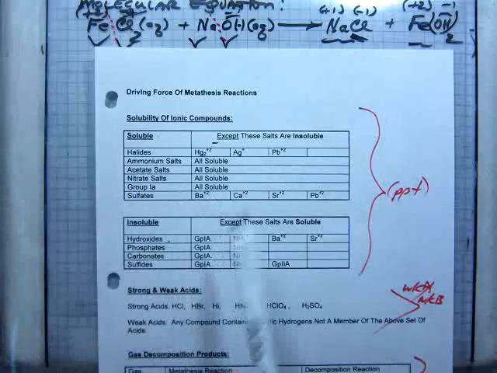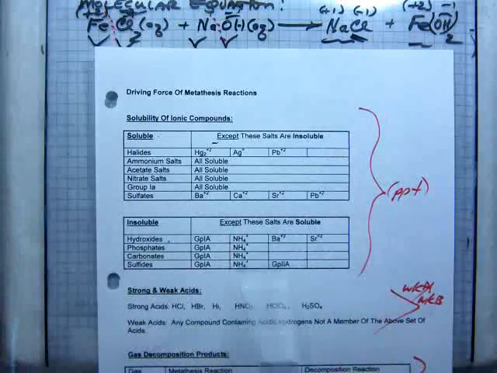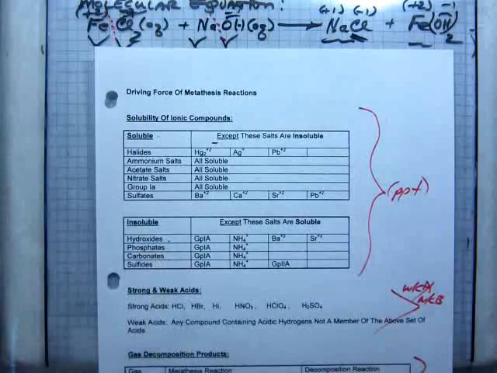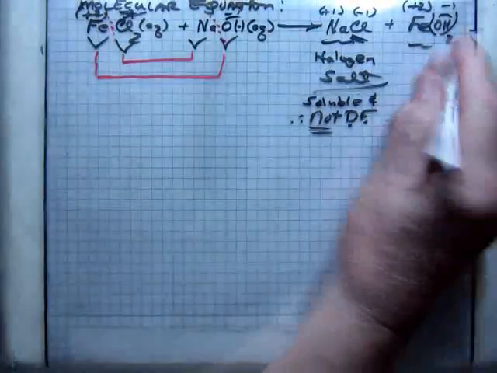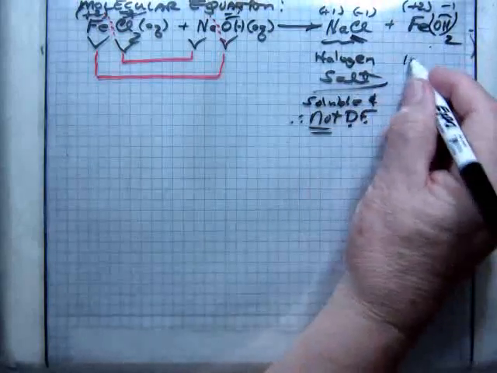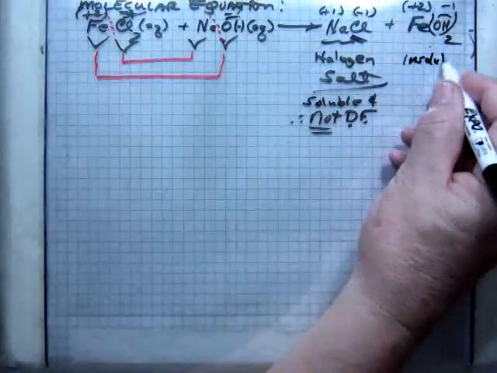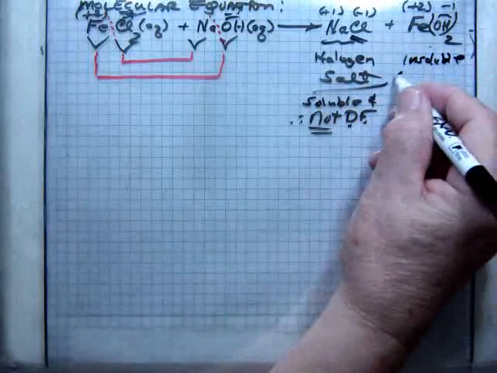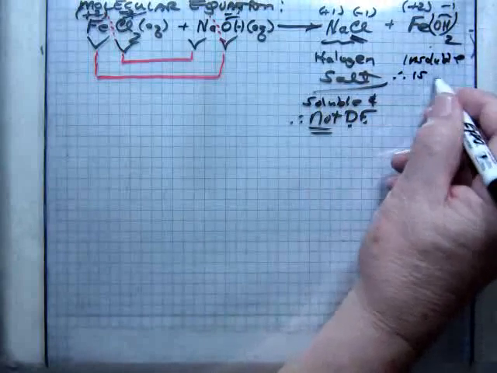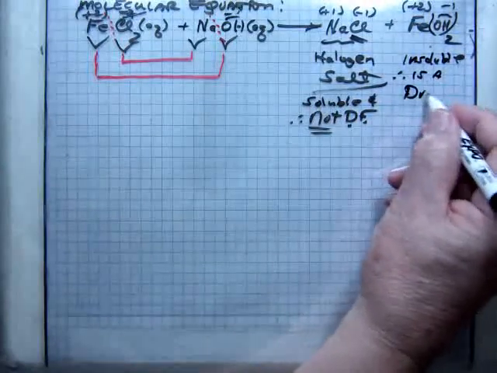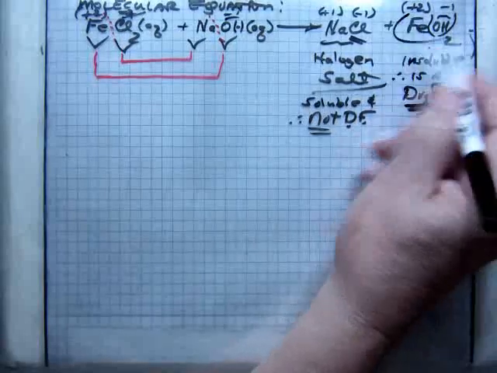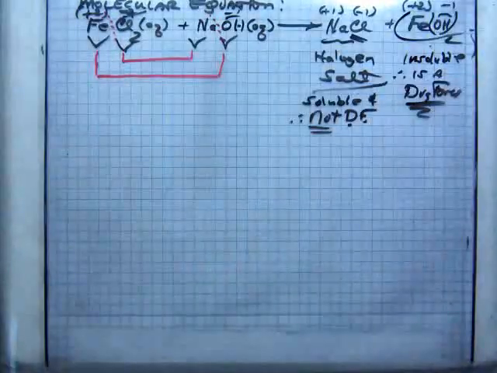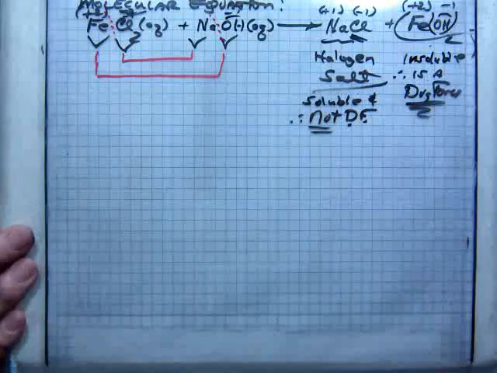However, if it's not a member of the exceptions, all hydroxides are insoluble and therefore is a driving force. So the iron hydroxide is the driving force that pulls the reaction to completion.